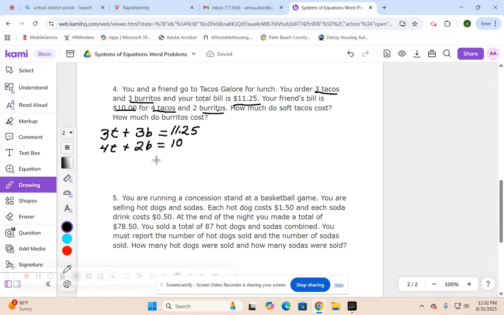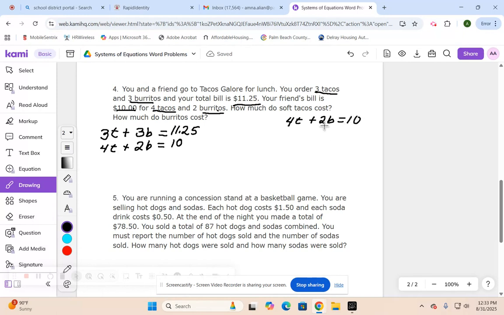Okay, so now we have to solve one of these for T or B. Which one would be easier? You probably will say the second one is easier because we don't have decimals in the second one. And I would agree with you. So let's come over here and copy that one. 4T plus 2B equals 10.